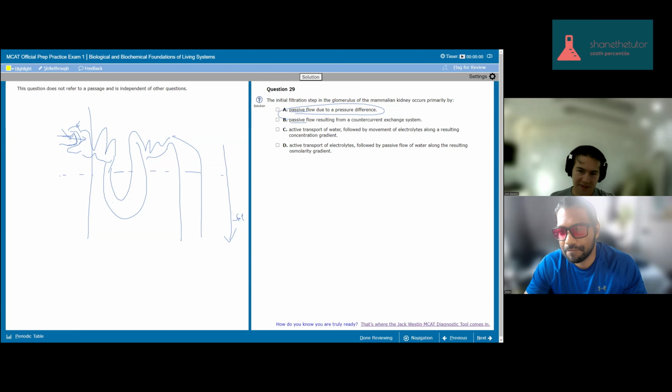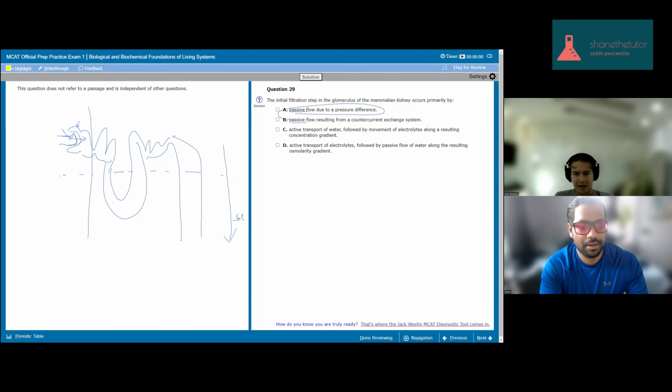But when is it active transport? Like the ATP, Na-K ATPases? Yes, it'll be those types of things, and it happens whenever you have things moving against their concentration gradient.